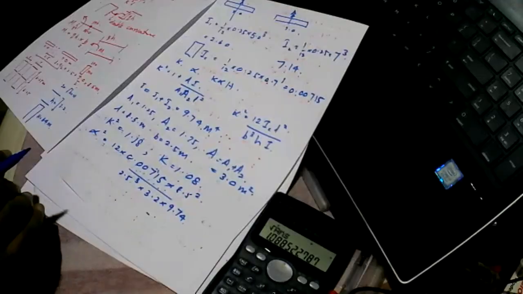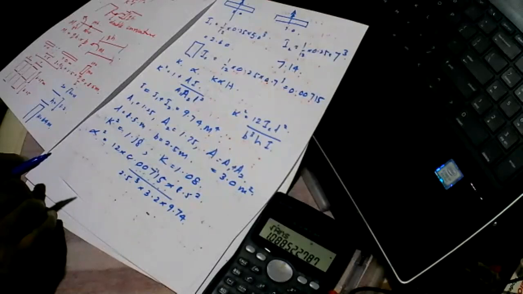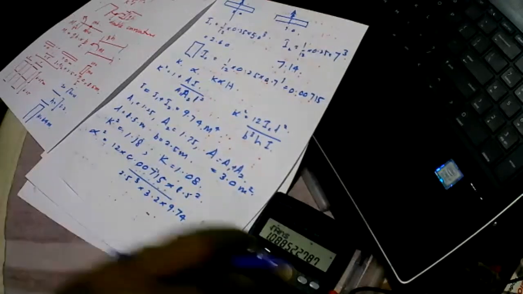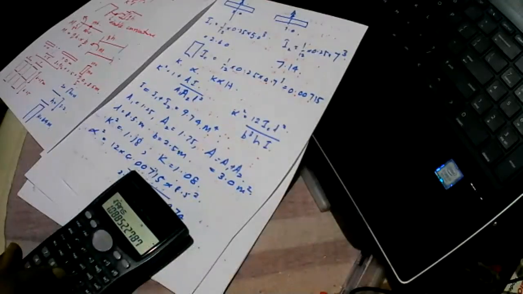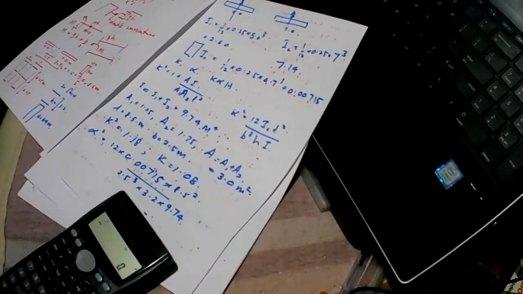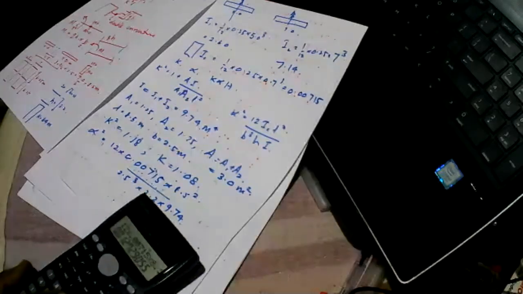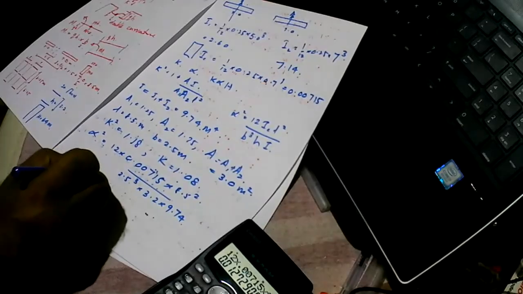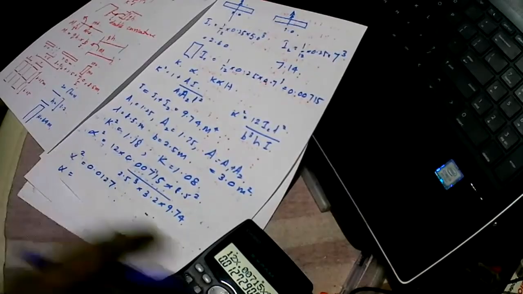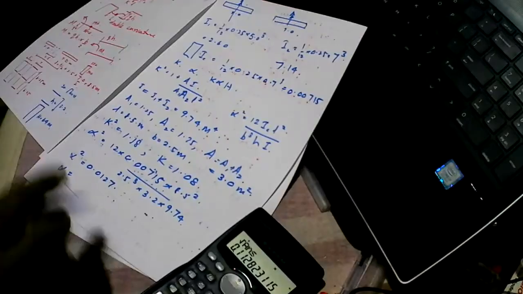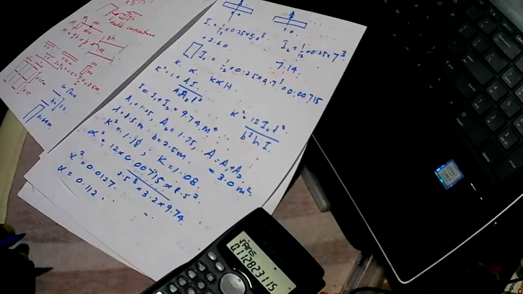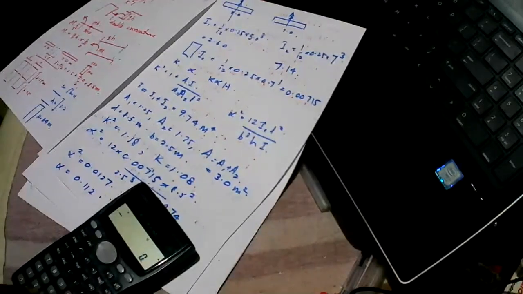So that is 12 into 0.00715 multiplied by 8.5 squared, divided by 2.5 cubed, divided by 3.2, divided by 9.74, which gives 0.0127. Alpha is the square root of that, 0.112. Is it correct?